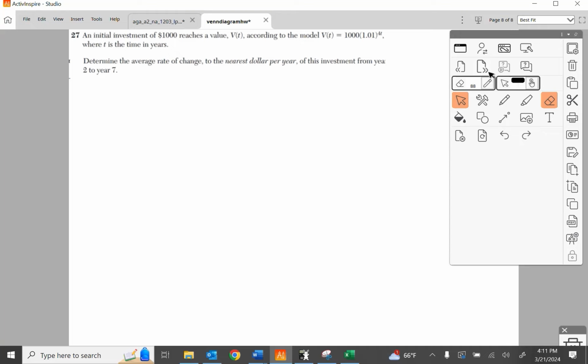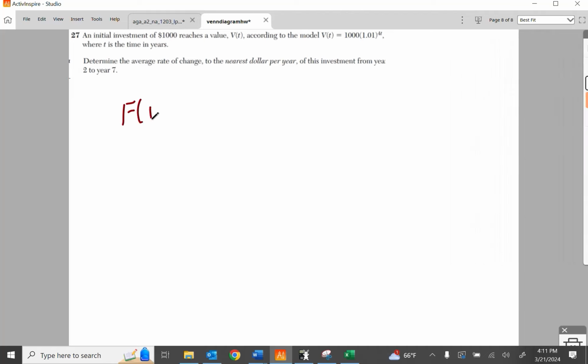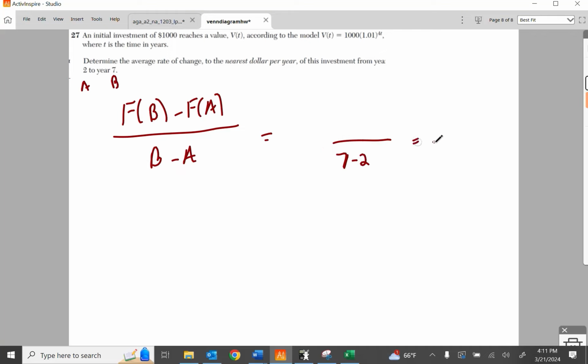So, here is what we do. It writes down the formula for average rate of change, f of b minus f of a, sitting pretty over b minus a. It considers this to be a and that to be b. So it's b minus a, 7 minus 2 in the bottom, a 5.